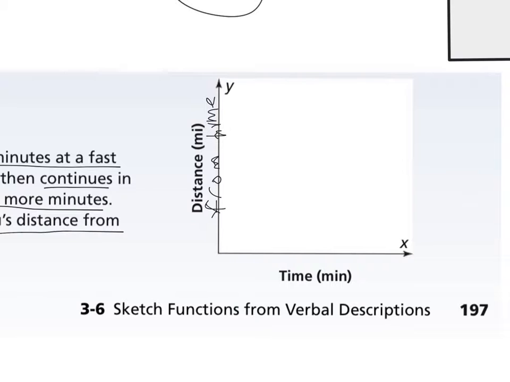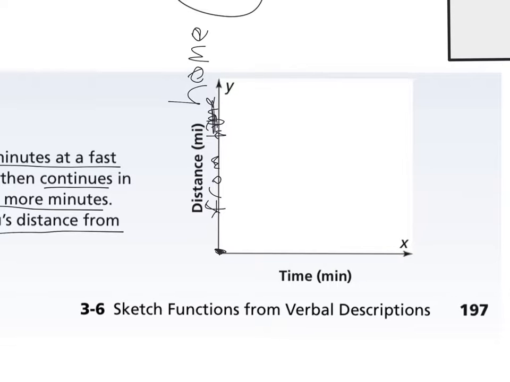It's not just how far he's gone, it's how far is he from home is what we're looking at. So you can see the first part here, he is riding at a fast pace. So he's starting out presumably at home.